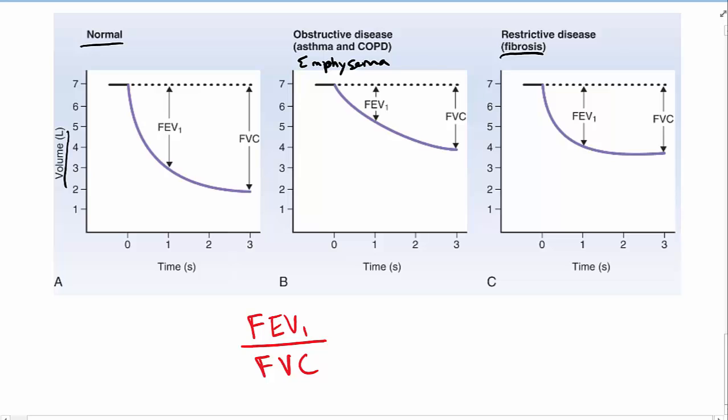And so when we look at someone with an FEV1 of a normal person, we see that they can get about 80 to 90%, let's say 80% of their total lung volume out. So they're really only lacking this much that they can't get out in that first second.